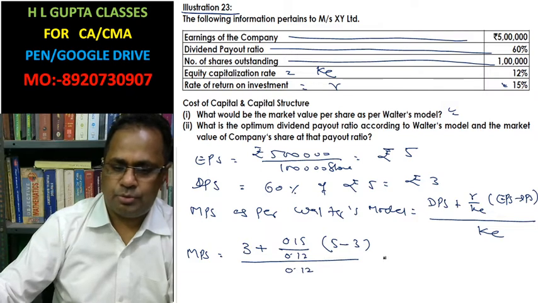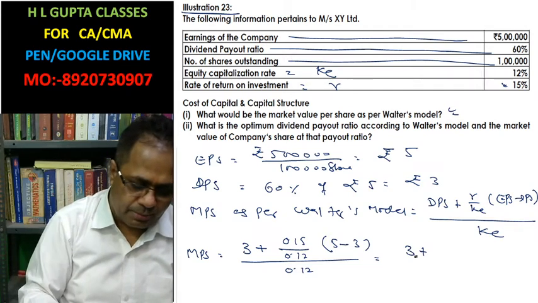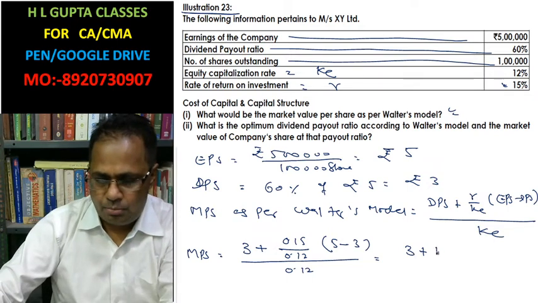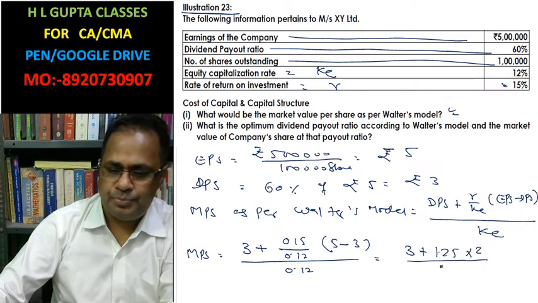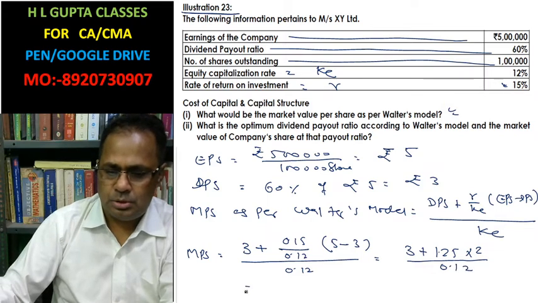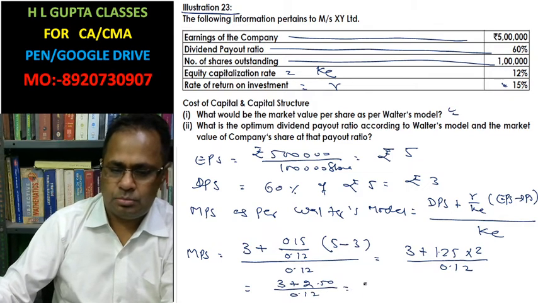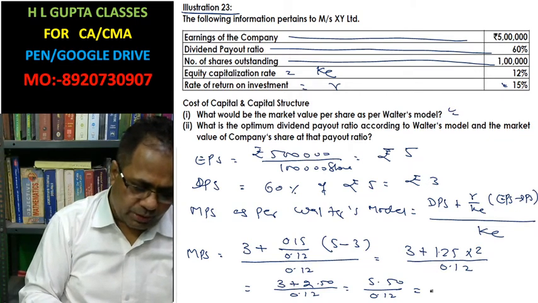divided by 0.12. This is 0.15 divided by 0.12, which is 1.25. 1.25 into 2, whole divided by 0.12. 3 plus 2.50, divided by 0.12, that is 5.50 divided by 0.12.